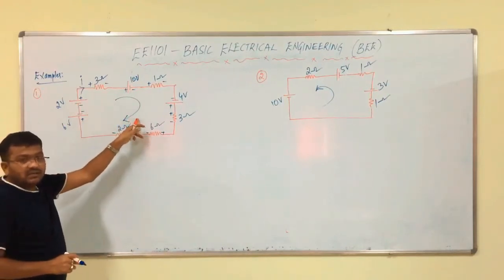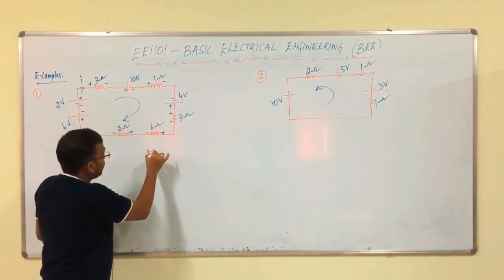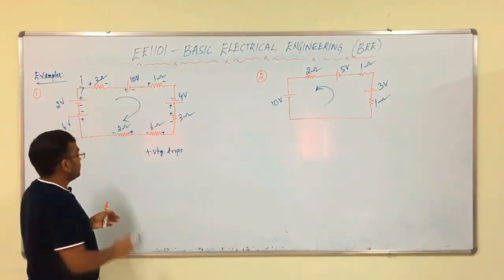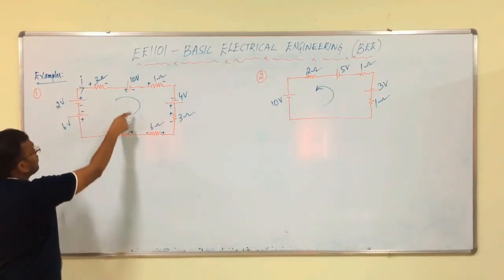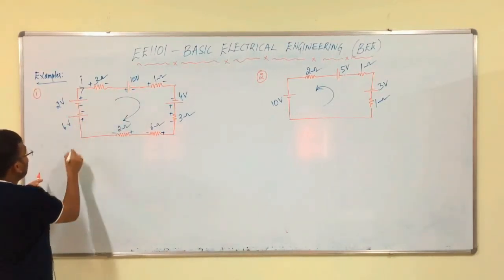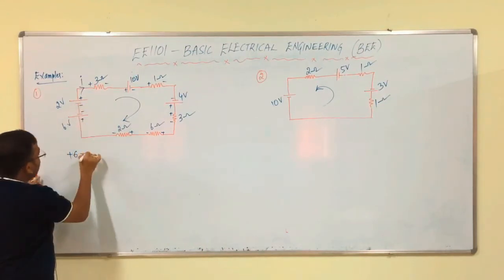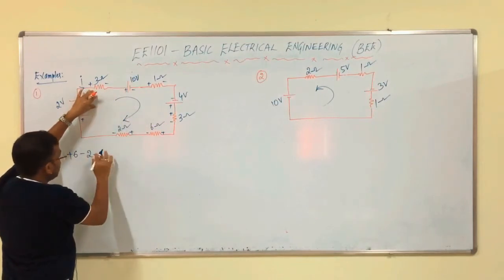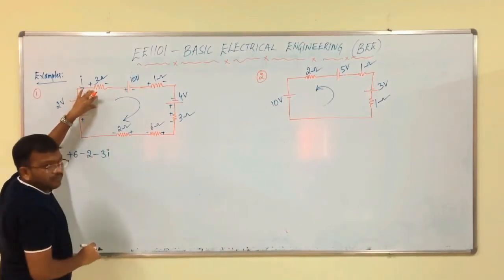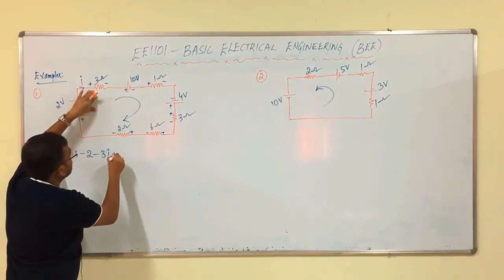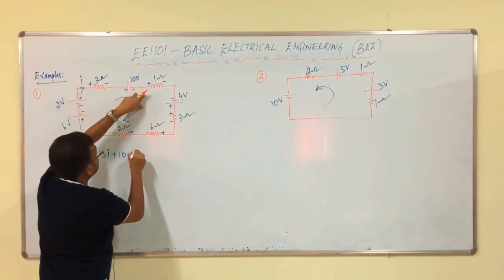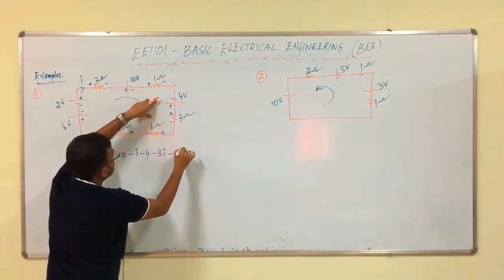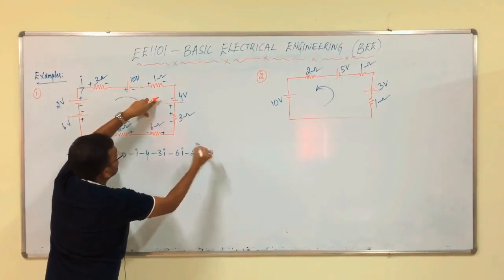This is clockwise direction. Generally, for clockwise direction, we assume positive voltage drops. Clear? Clockwise direction starting from here: plus 6 minus 2, and for your question, plus 10 minus I minus 4 minus 3I minus 6I minus 2I is equal to 0.